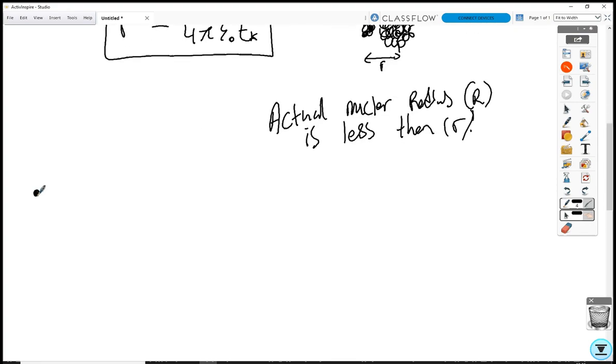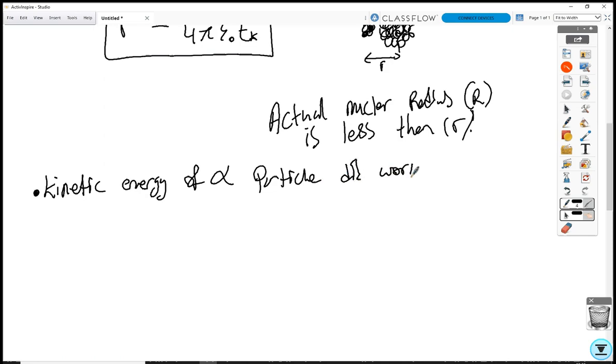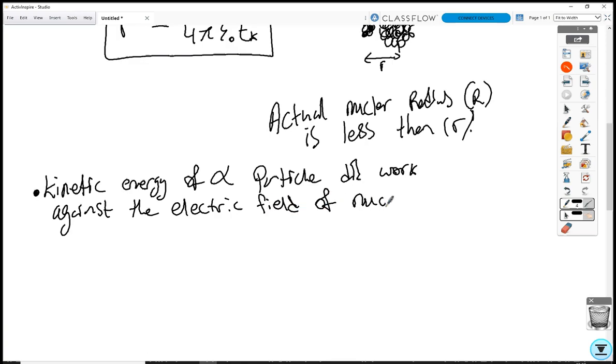So the story here is that the kinetic energy of the alpha particle did work against the electric field of nucleus X, so Ek turned into Ep.